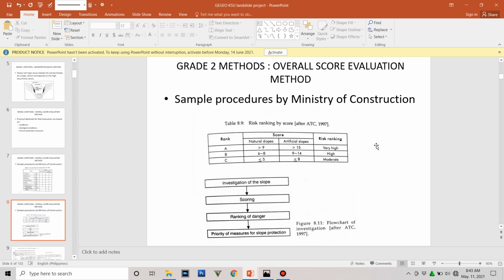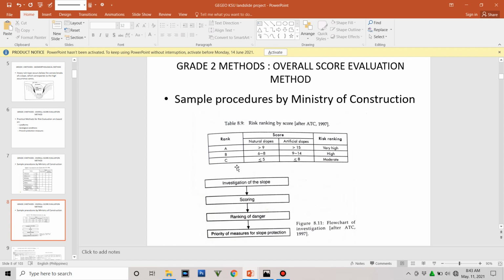So this is the risk ranking, wherein if we have a score for natural slope greater than 9 or for artificial slope greater than 15, the risk ranking is very high, and that is ranked A. And then for the second rank, we have the range 6 to 8 for natural slopes, 9 to 14 for artificial slopes, and that will have a risk ranking of high.